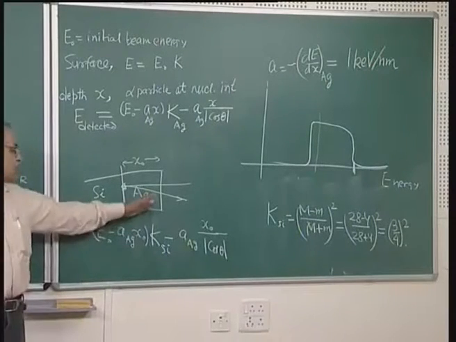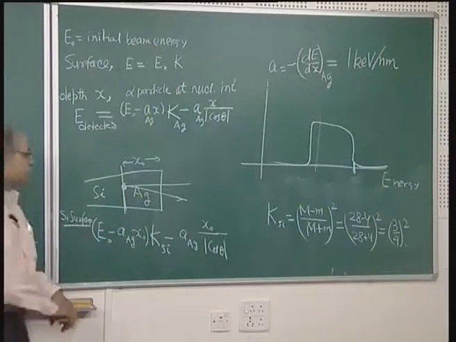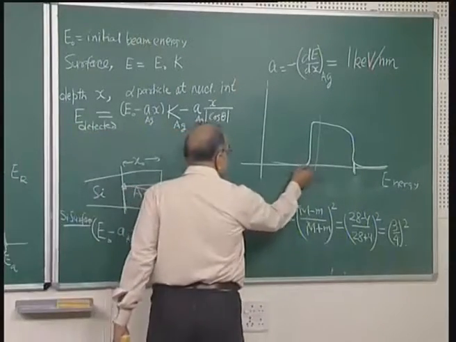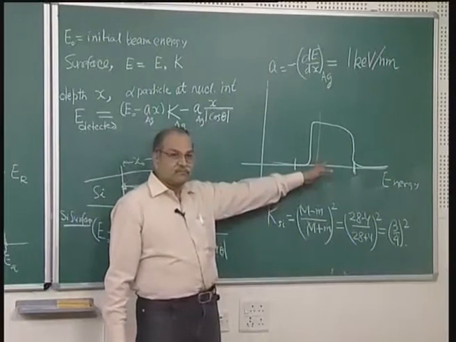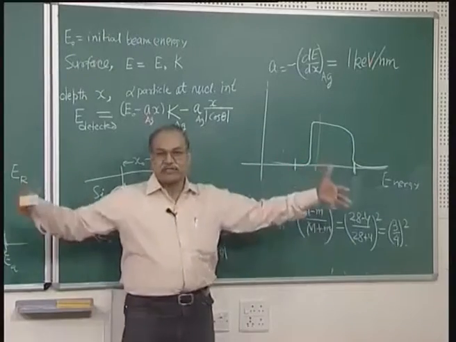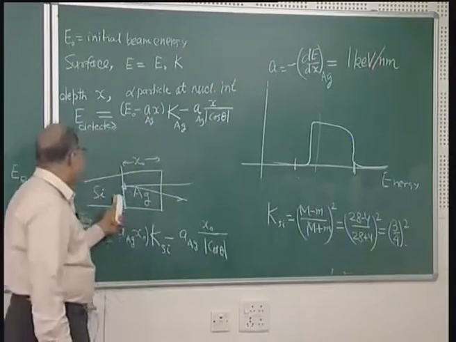Now, depending on what this depth is, this number can be somewhere this side, it can be somewhere here, or it can be somewhere here. That will depend on how thick the silver is and so on. Supposing that this number is here, after that it is all silicon.